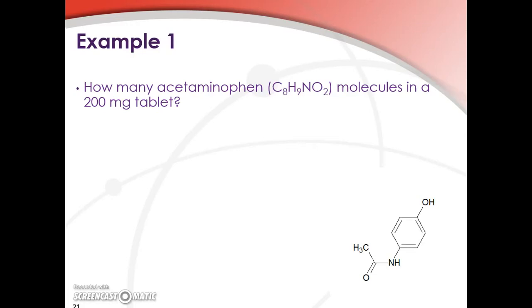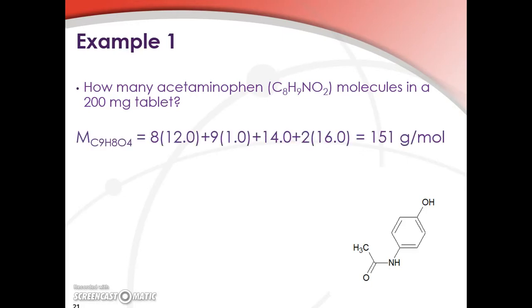Let's say we wanted to know how many acetaminophen molecules were in a 200 milligram tablet. We can simply calculate the molar mass for acetaminophen, adding up again the coefficients for each one of the elements to get 151 grams per mole.